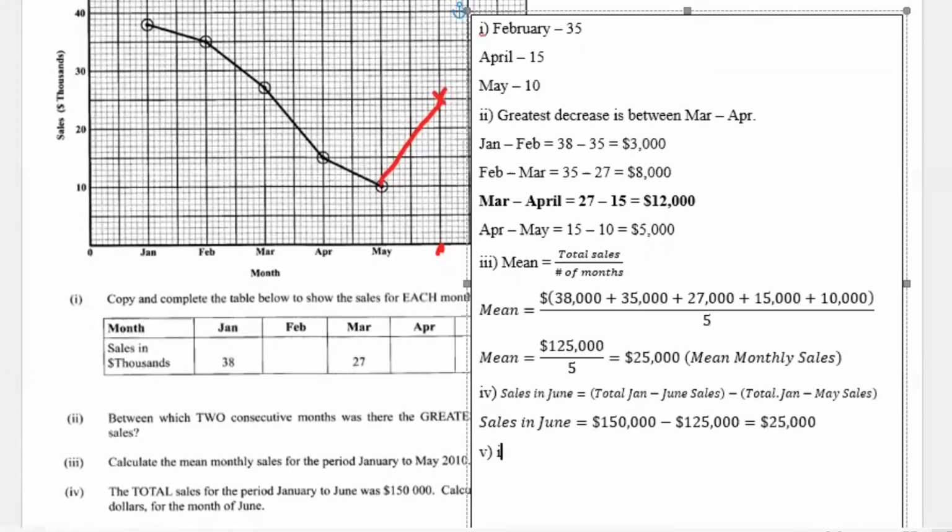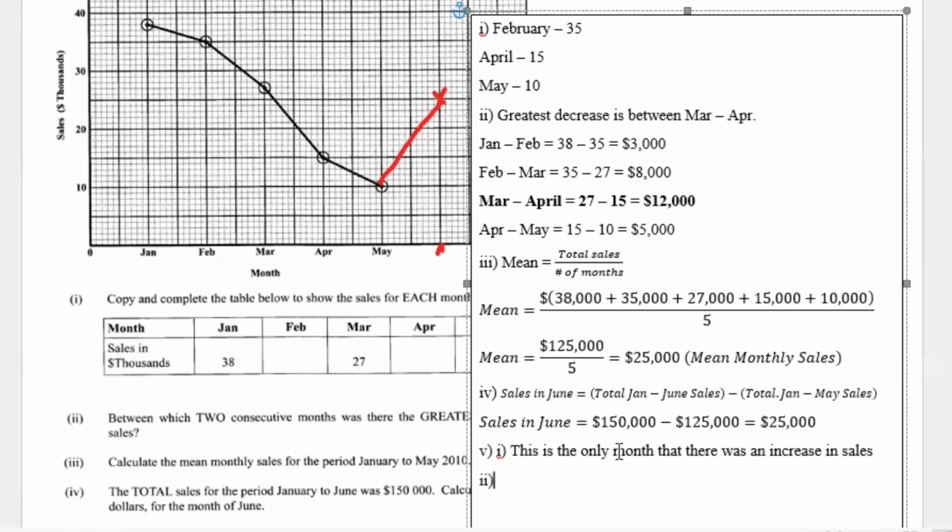So the first thing I'd state is that this is the only month that there was an increase in sales. That is the first thing that I noticed.